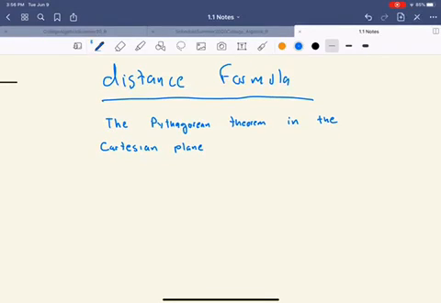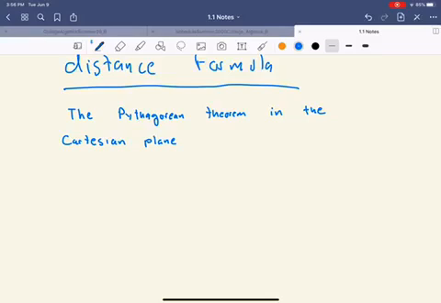Okay, so let's talk about the Pythagorean theorem real quick. All right.